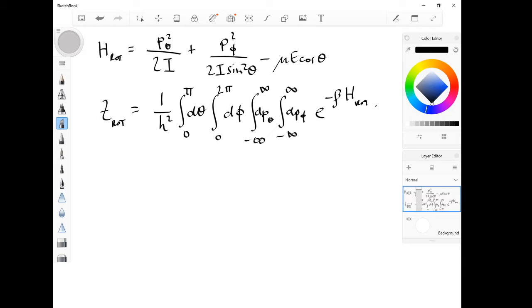So firstly, let's start with the outermost one, or the innermost one, sorry, which is going to be e to the minus beta p theta p phi squared on 2I sine squared theta dp phi. And knowing how Gaussian integrals work, which you should all now probably know how to do for this course, because you're going to basically do mostly Gaussian integrals.